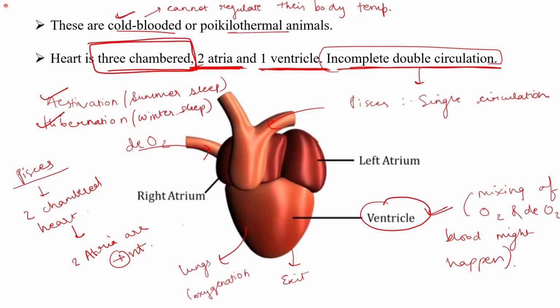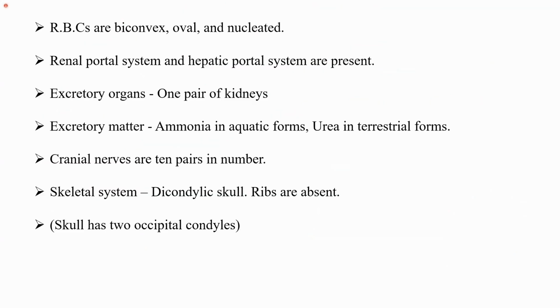From there, it enters the left atrium, and then again comes to the ventricle and is released to the body parts. Right? So there are two entry ports, that is two atria, and one exit port, one ventricle. So it is a three-chambered heart.